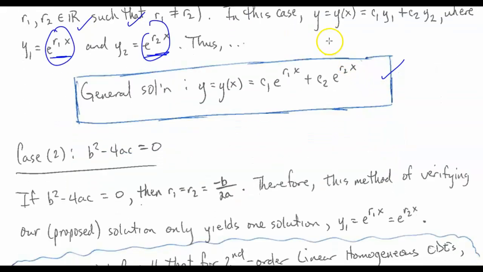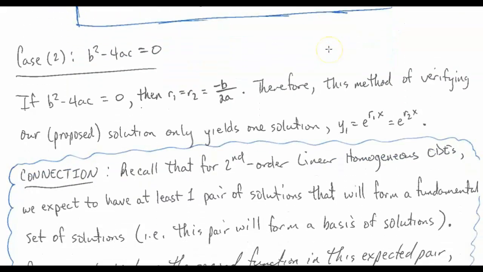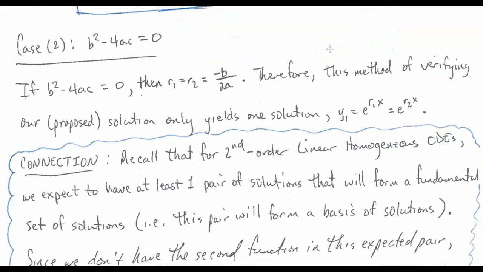Now case 2 is going to be a little bit more involved. That's mainly because even though we're going to have two zeros, they won't be distinct, meaning that both of the solutions we have based upon the quadratic equation are going to be the same thing.